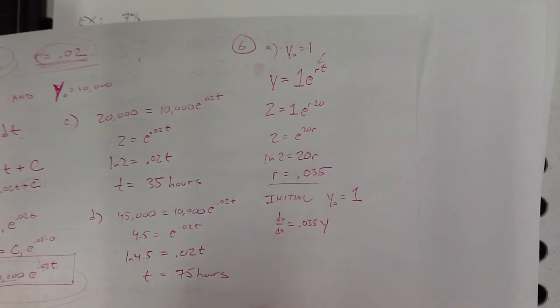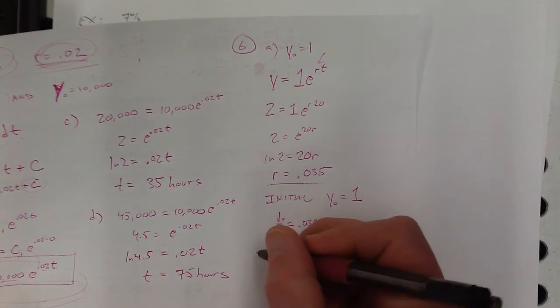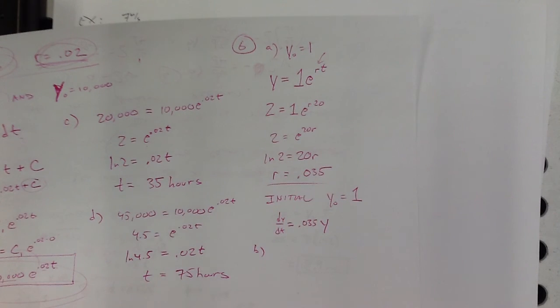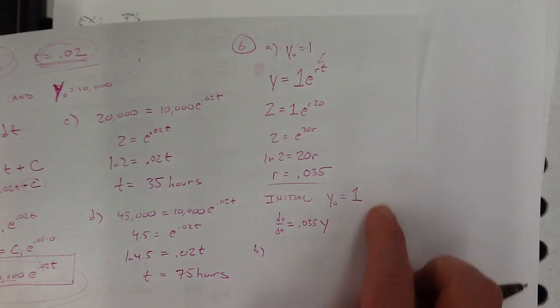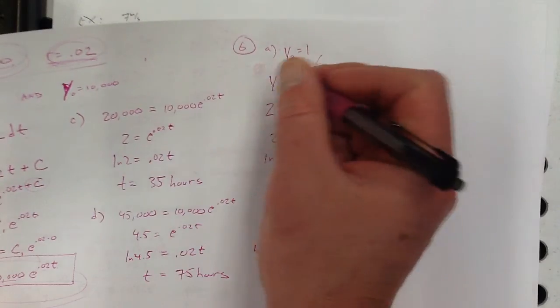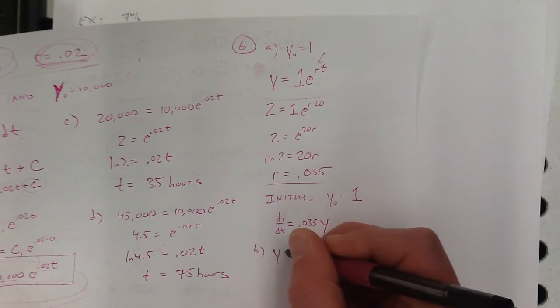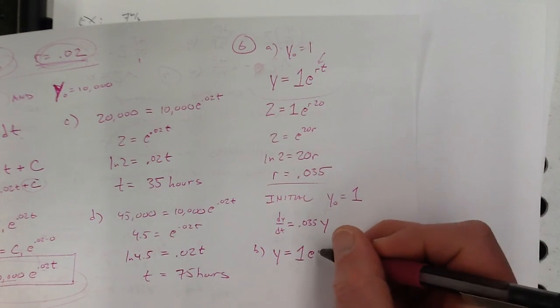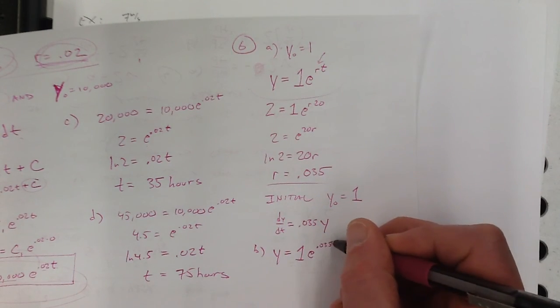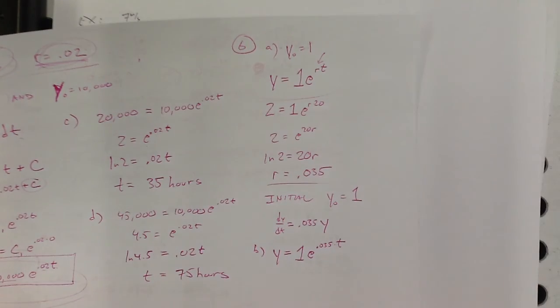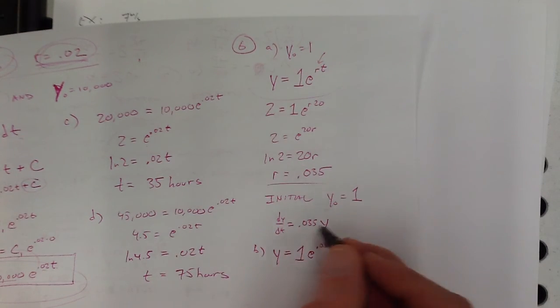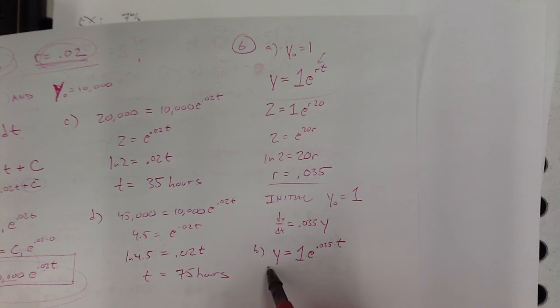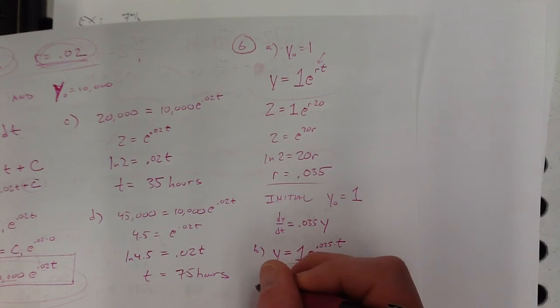We just had to find the r. Part B, find a formula for y of t. We really have that already, so y as a function of time is equal to 1 times e to the, after we found the r, 0.035 times t. So you can go through the process of separating the variables and everything, but I know that it's going to turn out to be that, right?